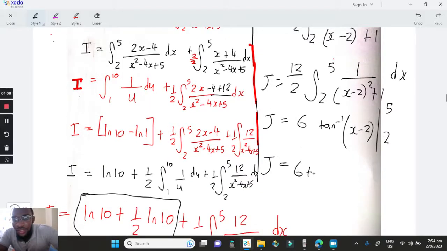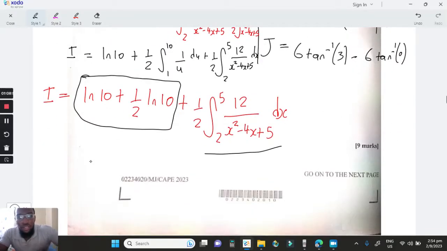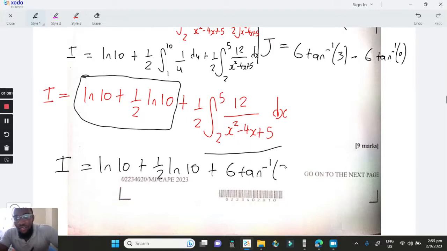This is now 6 times (tan inverse of 5 minus 2, which is 3, minus tan inverse of 2 minus 2, which is 0, so tan inverse 0). So in other words, our final answer is just log 10 plus half log 10 plus 6 tan inverse of 3. That's our final answer.